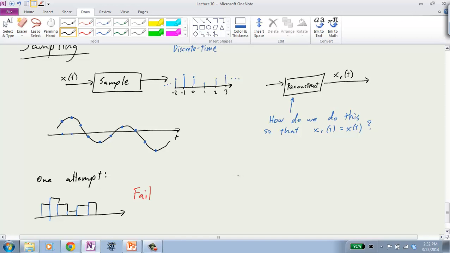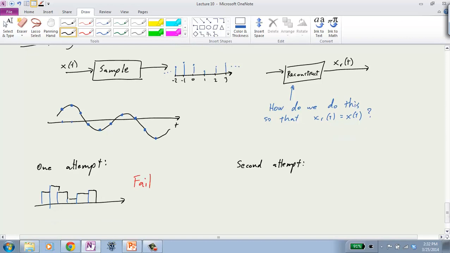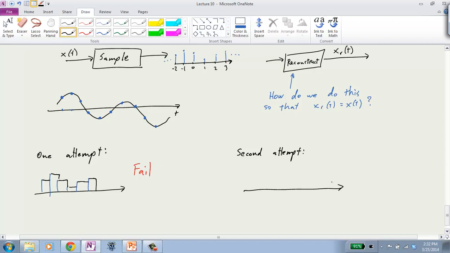Let's do another one. So here we take the samples again, and we're going to reconstruct, this time, by connecting them like this.